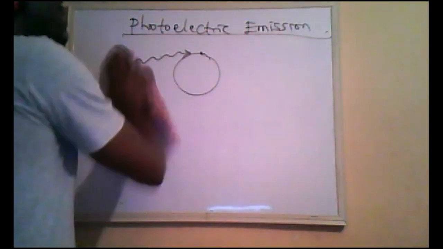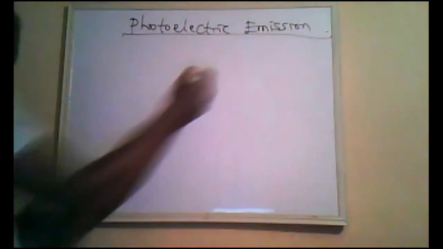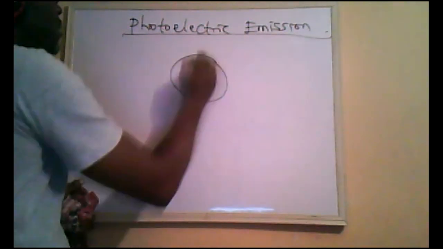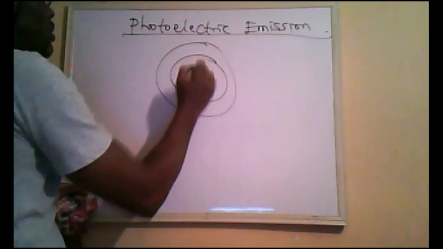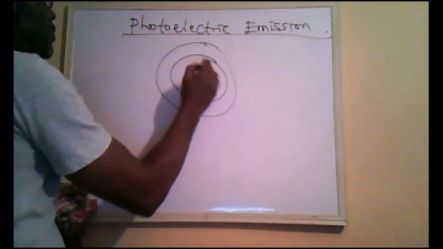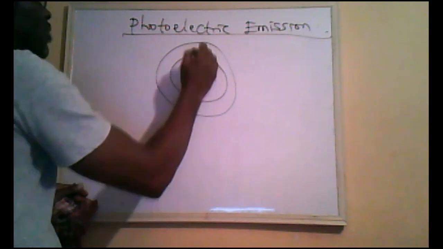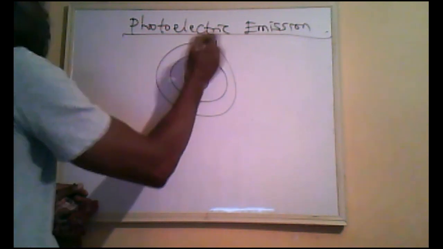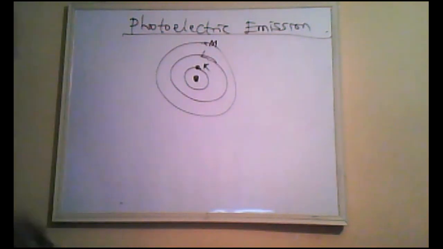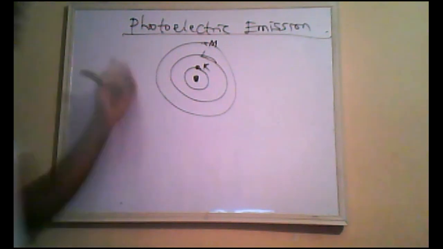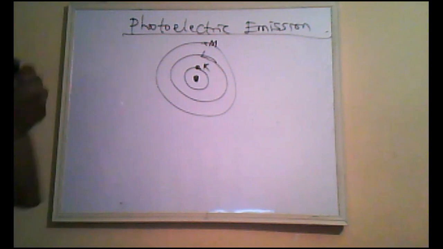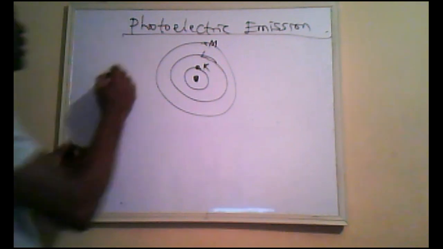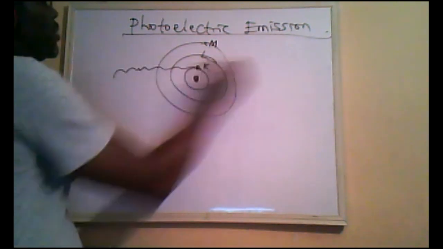But for photoelectric emission, the interaction is mainly with the K shell. Of course, at times L, and in very rare cases N, and so on and so forth. For photoelectric emission to take place, you have interaction with a tightly bound inner electron, such that the electron will be ejected.